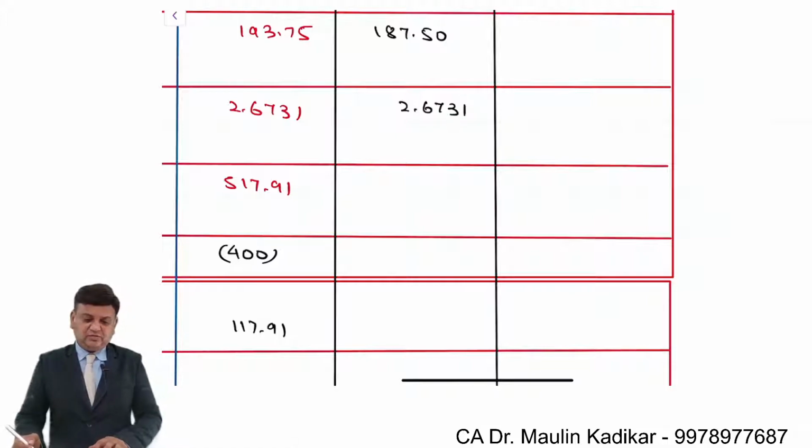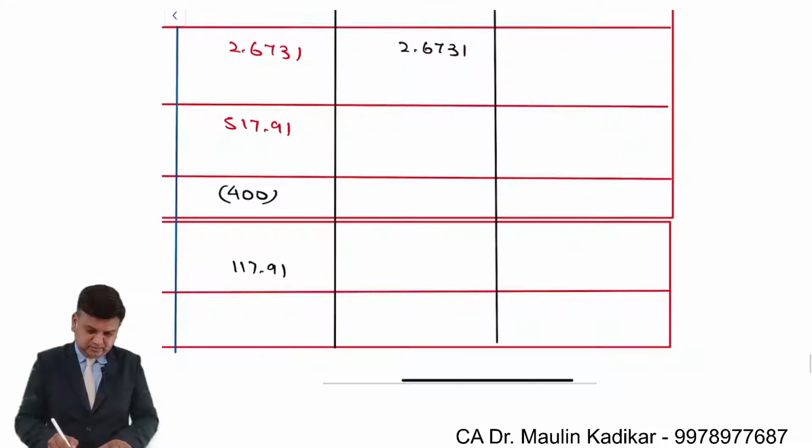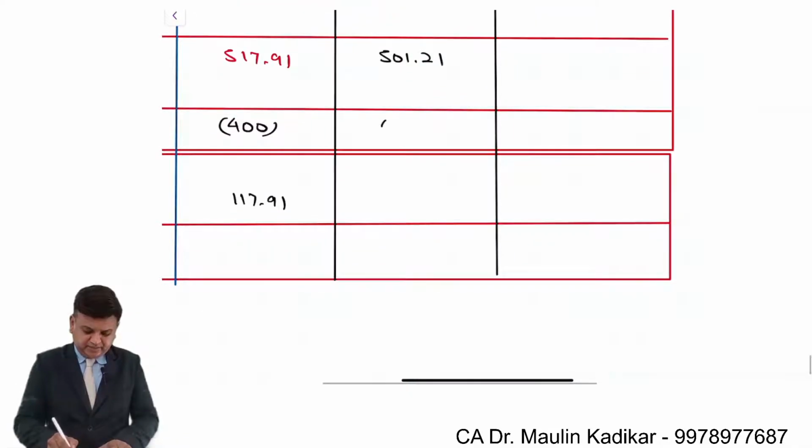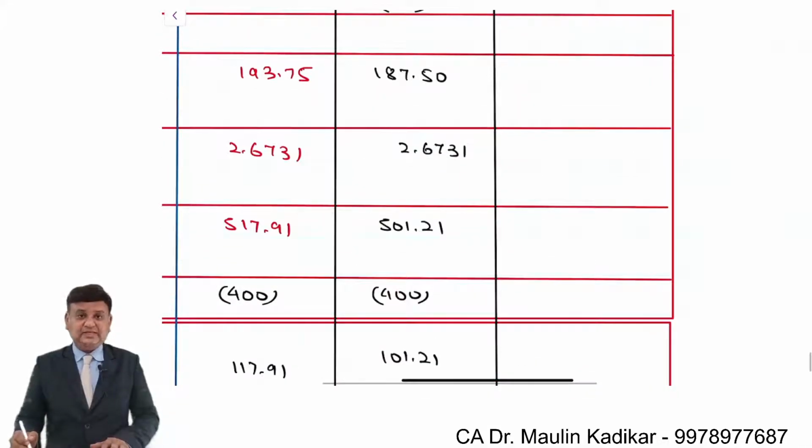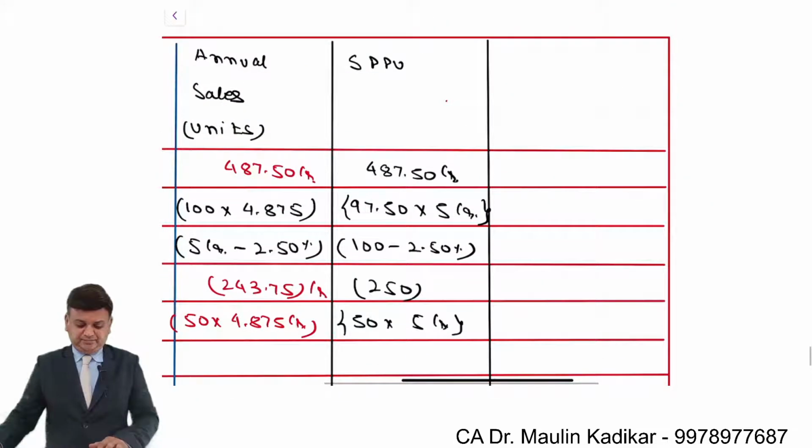So 501.21. Amount of investment same. So 101.21. That is the way the NPV is calculated.